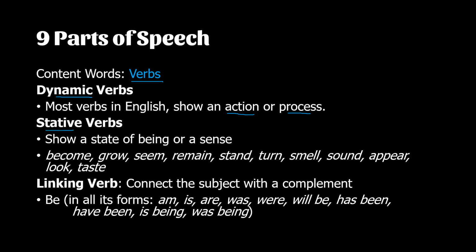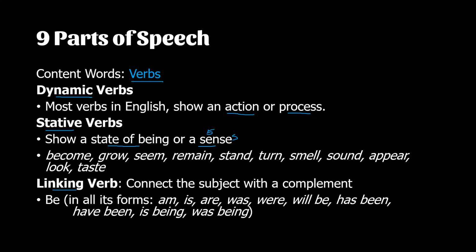There are stative verbs, which show a state of being or a sense. There are not very many stative verbs, and here are a few of them: become, remain, turn, sound, appear, look, taste, and you can see the last 5 here are from the 5 senses.